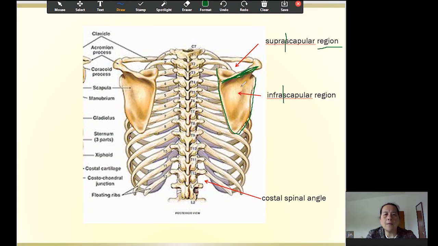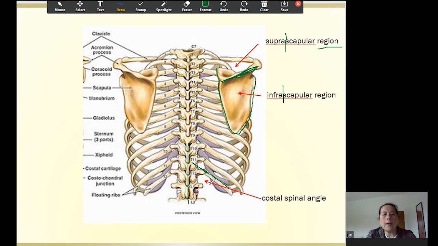So that's like we're looking for acupuncture points. Some points above this bone, some points below this bone. And another anatomy sample is we have the vertebrae column here, and we have 12 ribs here.